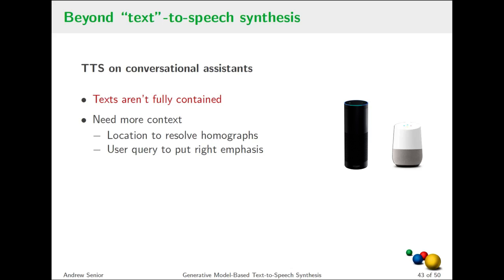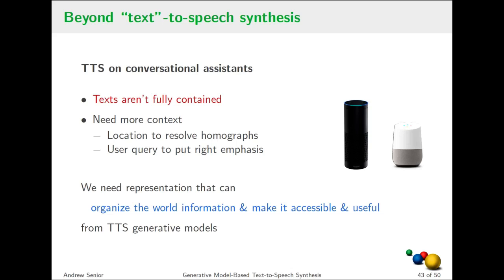And then for things like going from text, to resolve the homographs, so to say the word Houston, if we're in New York and we're talking about Houston Street, then it should be pronounced that way, but if we're in Texas, then we're talking about Houston for the same spelling. Having all of that learned as part of the network, rather than having a set of hand-built rules in advance. Hager put this as, we wanted text-to-speech to be able to synthesize the speech for all the world's information after we've made it universally accessible and useful, which was Google's mission statement.